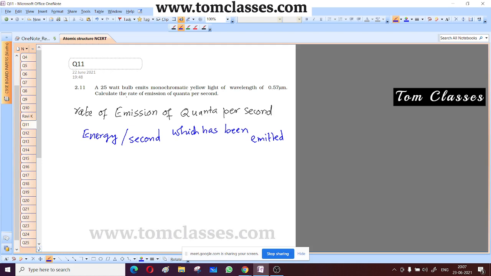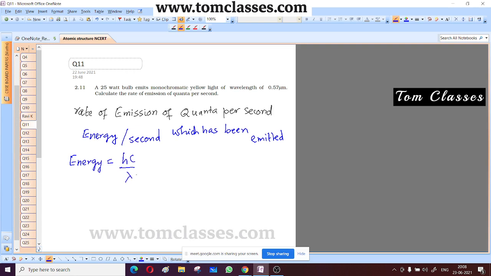Now let's see. The power is given to us, a 25-watt bulb, and the wavelength is given to us. So this is the rated power, yellow light. What is the energy of this? Energy is going to be hc by lambda.